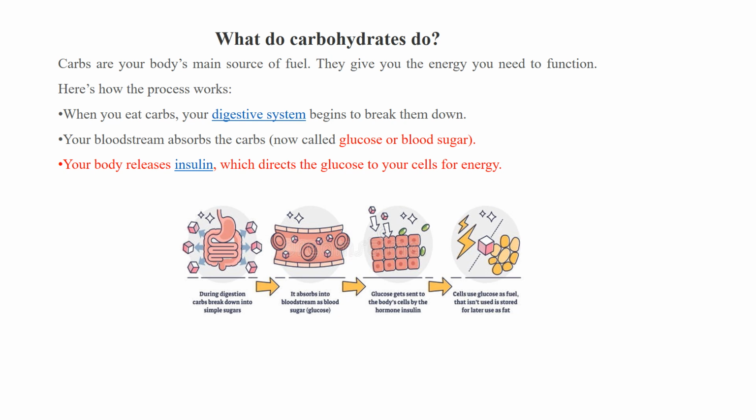Next, your bloodstream absorbs the carbs, now called glucose or blood sugar. Our body releases insulin, which directly converts glucose in the cell for energy. Here you have seen the pictorial image of how carbohydrate is converted into glucose and fuel.